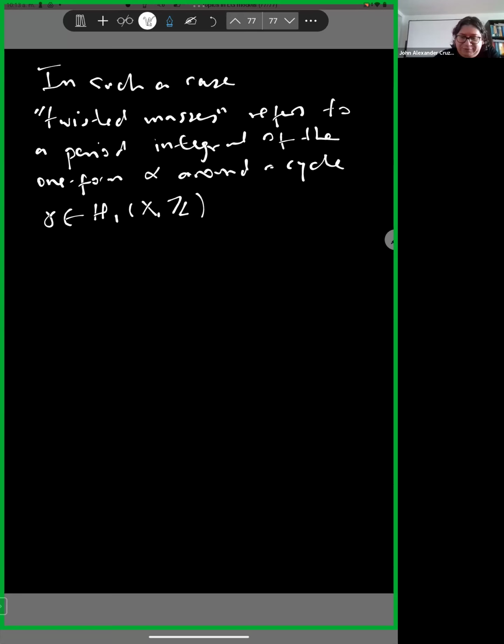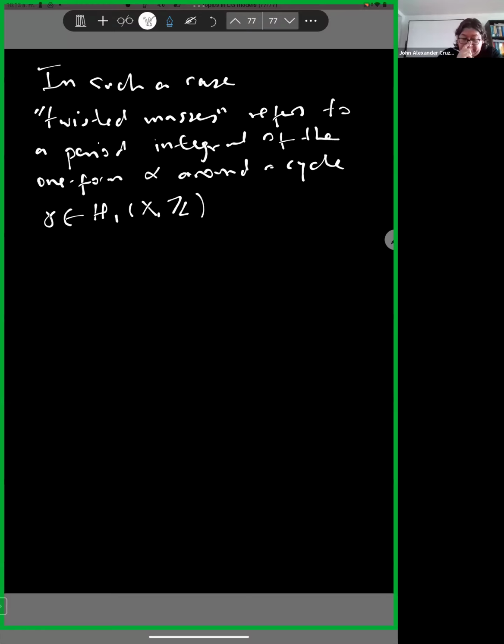The idea is that we can work equivalently, and these twisted masses should correspond to the equivariant parameters when we consider the action of some group or some torus. But I will talk about this later today.